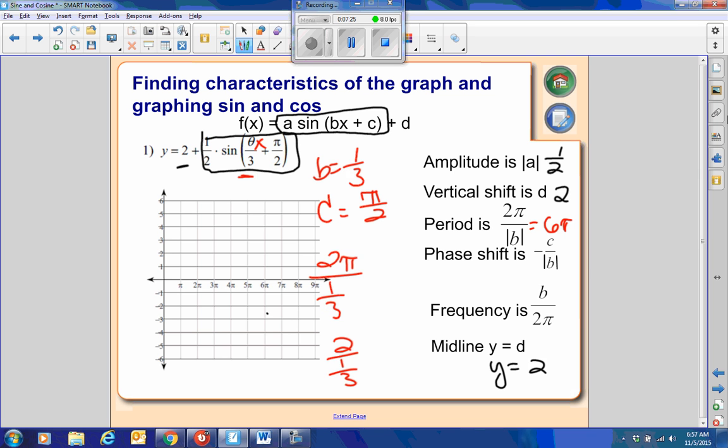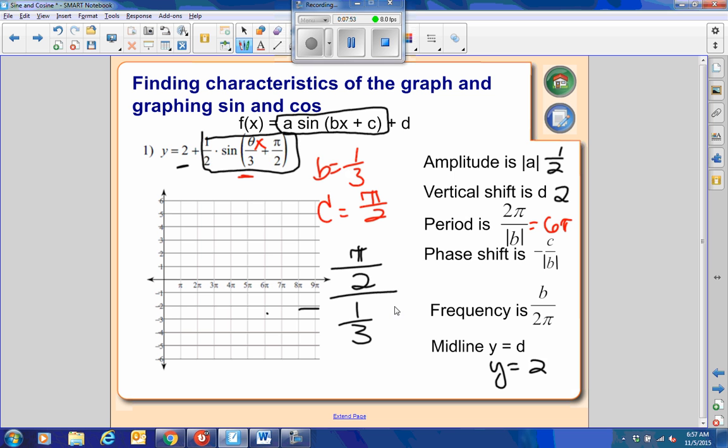Then the phase shift is C over the B value. C is pi over 2, over the B value, which is 1/3, and of course you change the sign to negative because that's what's in front of it, and it didn't have a negative, so I'm not turning it to a positive.